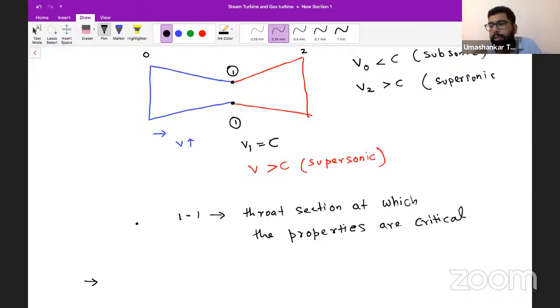Then you can't call it a nozzle. Once the velocity starts decreasing, it is no more a nozzle. Once you name it a nozzle, you must ensure that the velocity is increasing with the flow. Yes or no? Got my point?